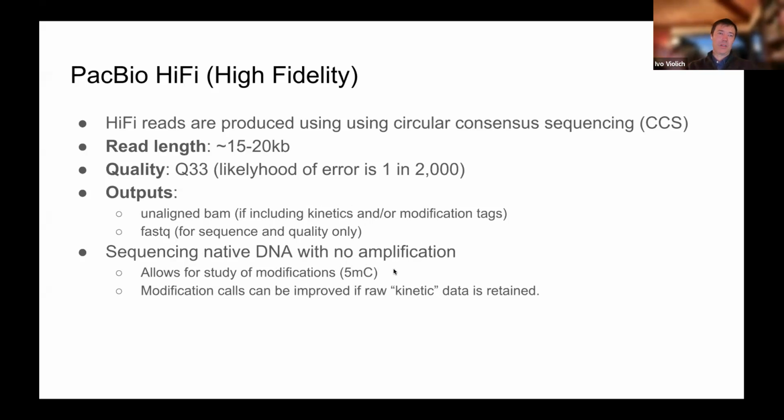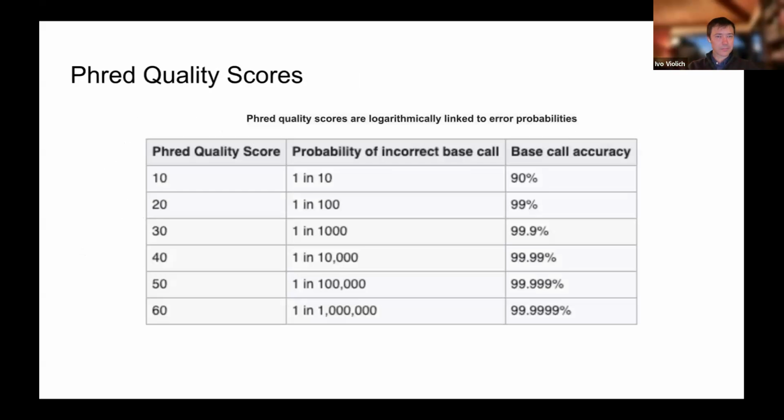I bring this up because there will be HiFi data as part of the workshop, and I think the main thing to check is whether kinetics information was stored or preserved and included in the base calling.